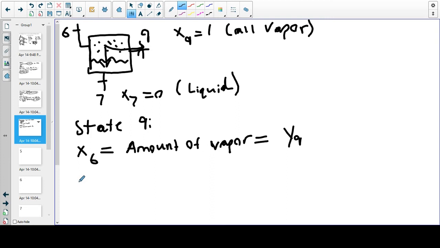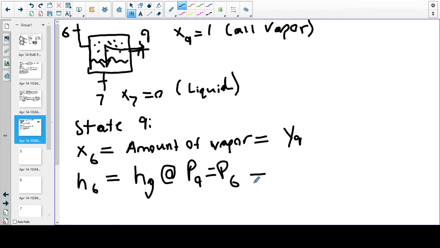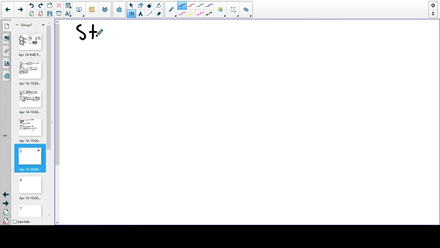So I am denoting Y9, you remember in the 1 minus X thing, where it shows you the percent of mass going one way, I'm going to be using Y9 there instead. I know it might be confusing to you, and you might want to do it that way, but I just want to break it up more because I don't want to confuse X's. So then we get our H6 value, which is Hg at P9, which equals P6, because we know it's all vapor at state 9. And you get 252.32.